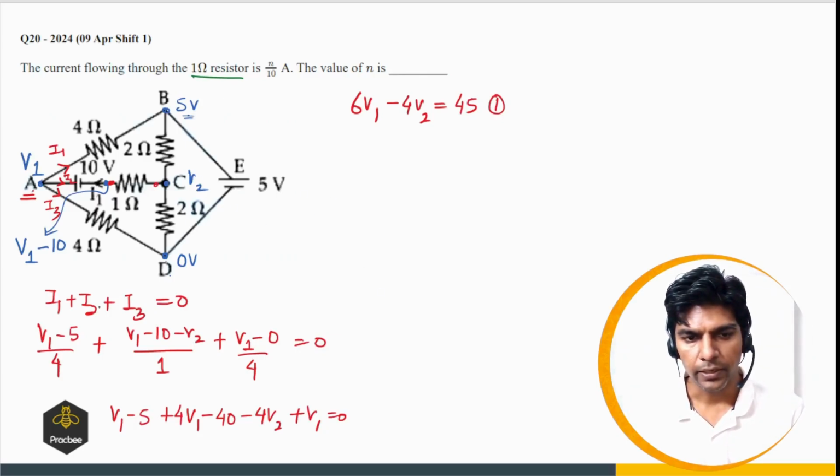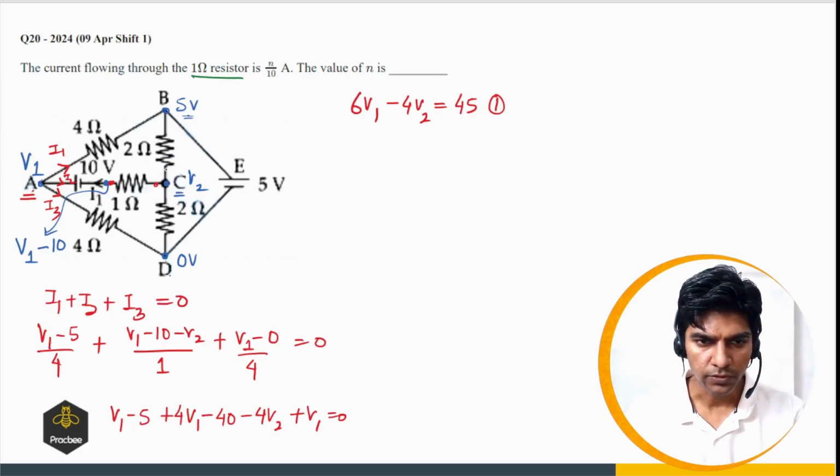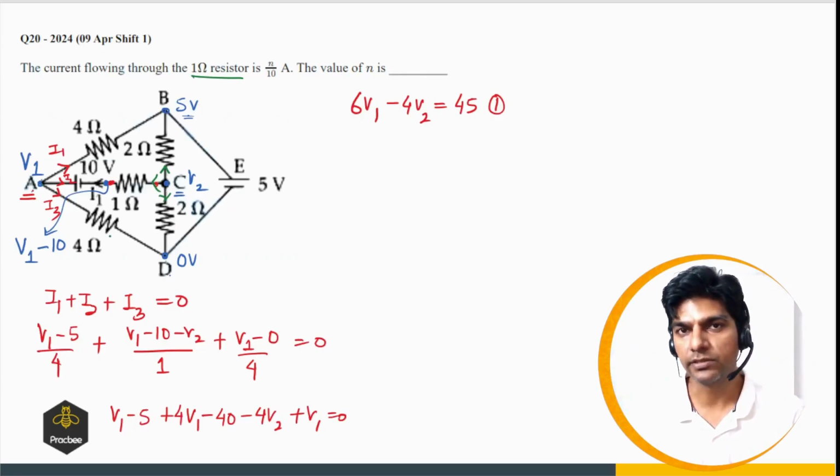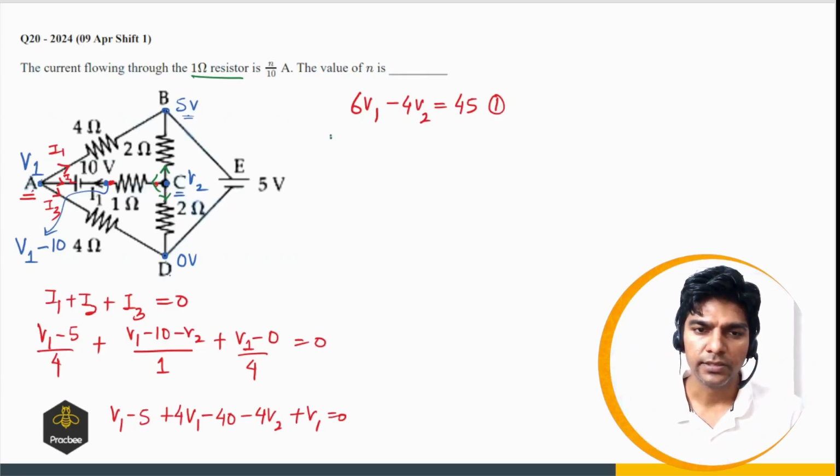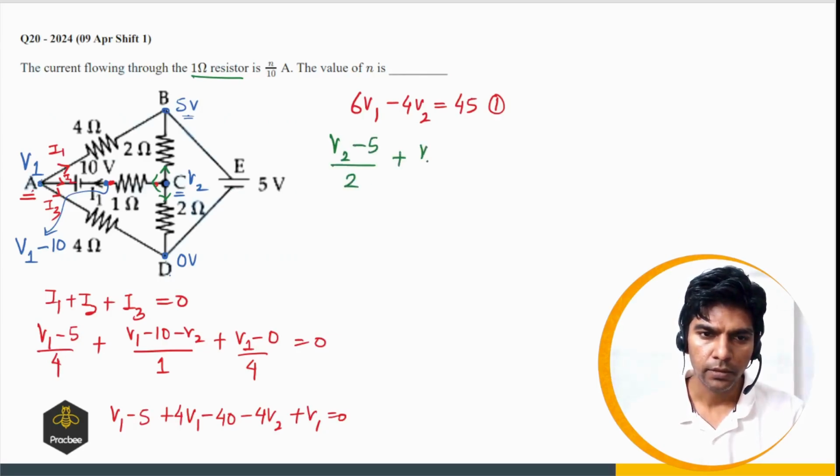And now apply Kirchhoff's junction law at C. So let us say there is a current in this direction, there is a current in this direction, there is a current in this direction, and the sum of these three currents will be 0. So we can say (V2 minus 5) by 2 plus (V2 minus V1 plus 10) by 1 plus (V2 minus 0) by 2 should be 0.